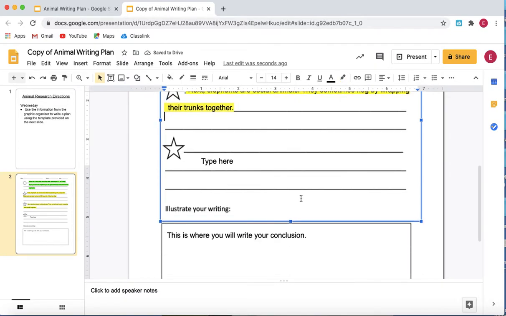All right, and my last star. So I talked about what elephants look like in my topic sentence. I talked about what they eat. I talked about their behavior. I could still talk about where they live, or I can do some interesting facts. So I think I'm going to do some interesting facts.